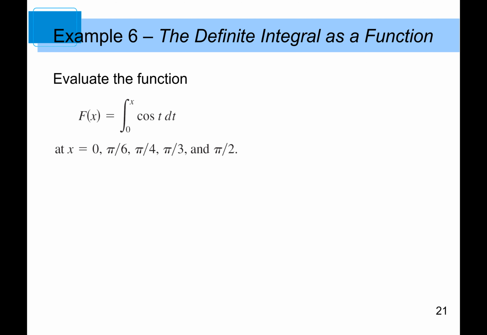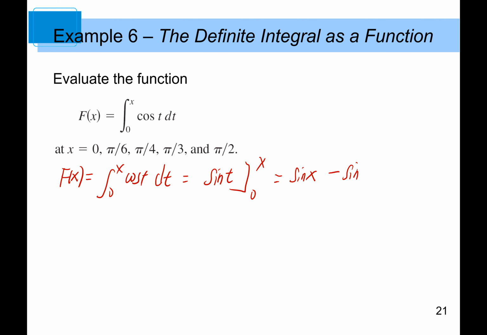Alright, so let's take a look at evaluating a function F of x equal to the integral of cosine t dt, where t is from 0 to x. So F of x: the antiderivative of cosine t becomes sine t. Okay. And now plugging in x, you get sine x.